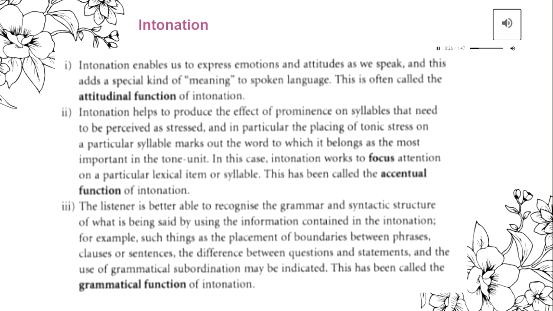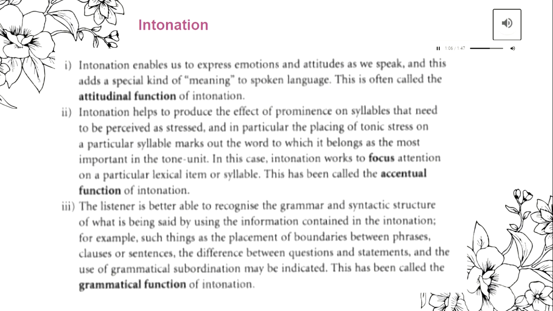Then we have the intonation that helps to produce the effect of prominent syllables that need to be perceived as stressed, and in particular the placing of tonic stress on a particular syllable that marks out the word to which it belongs as the most important in the tone unit. In this case, intonation works to focus attention on a particular lexical item or syllable.